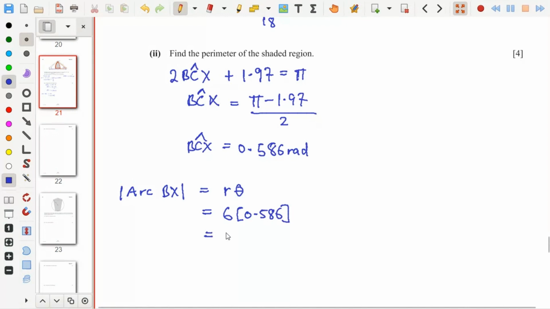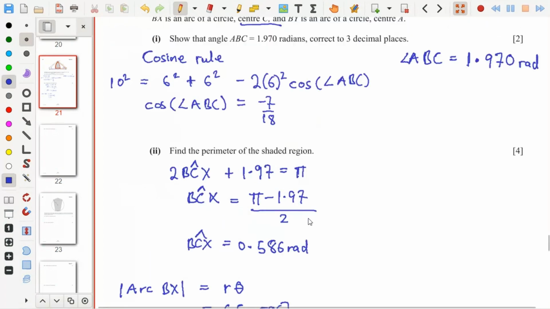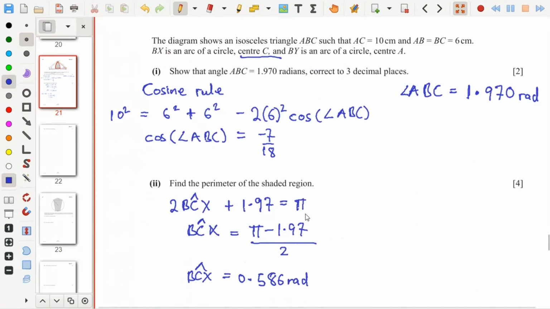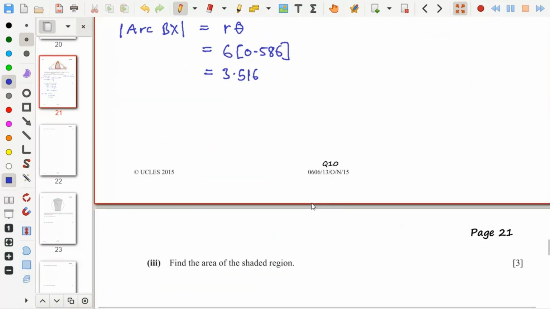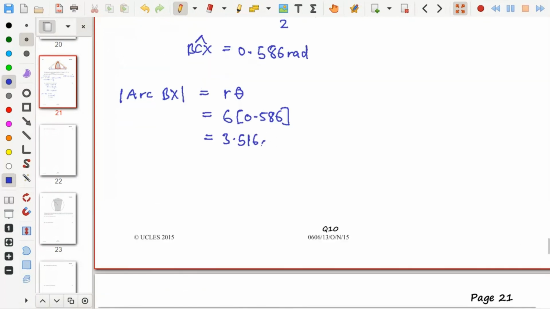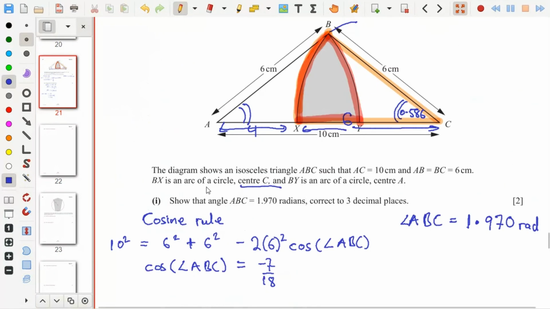So when you solve this, you are getting 3.516 centimeters. So twice of it will give us the length of the two arcs. Then we are left with the length of XY.